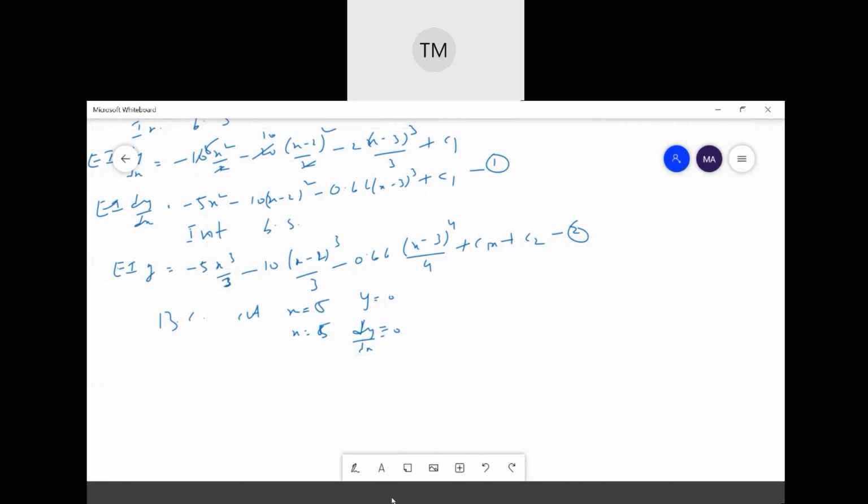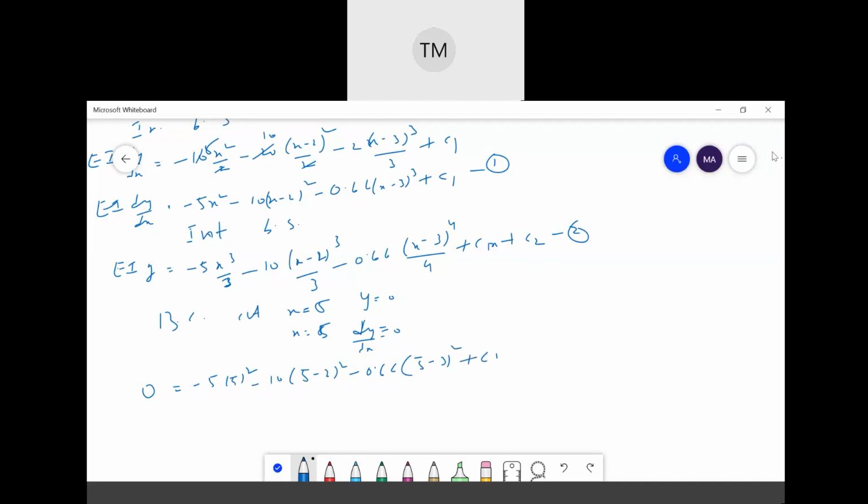Then simplify and substitute here in this equation. What happens when you substitute? dy by dx is equal to 0, so 0 is equal to minus 5 into 5 square minus 10 into 5 minus 2 whole square minus 0.66 into 5 minus 3 whole square plus C1.